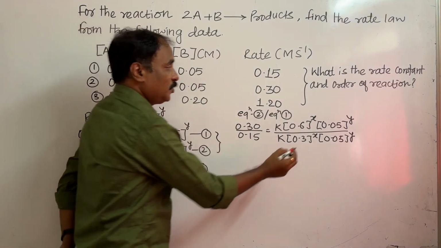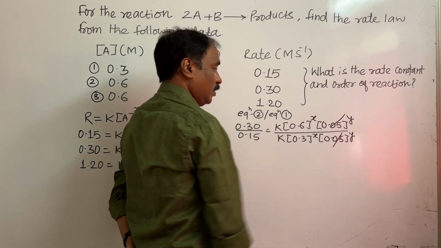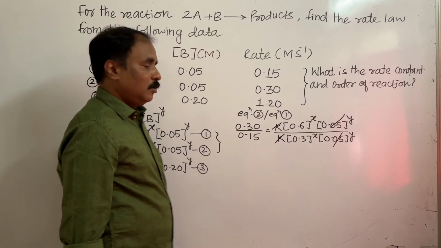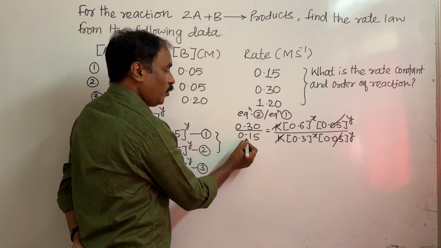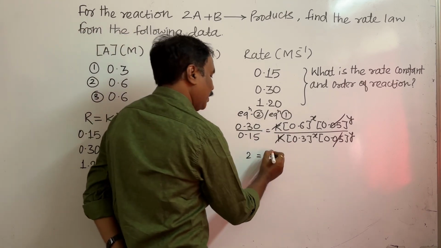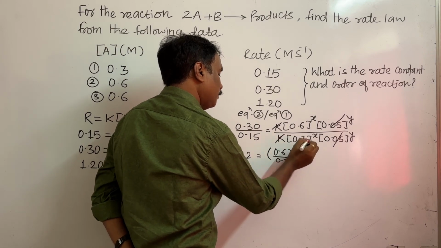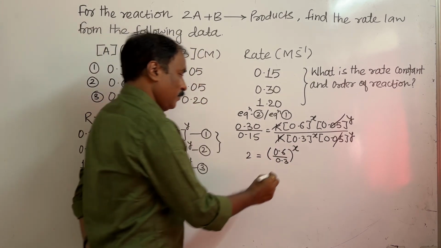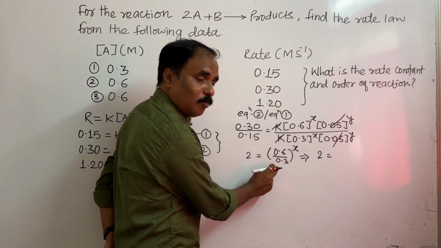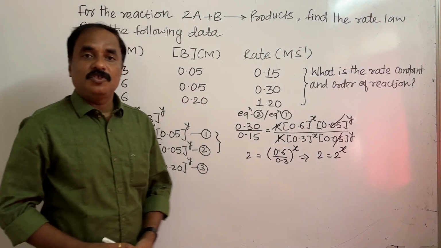So what happens? 0.05 to the power Y cancels with 0.05 to the power Y, and K also cancels. So here 0.30 upon 0.15 is 2, which is equal to 0.6 upon 0.3 to the power X. The same equation: 2 is equal to 0.6 upon 0.3, which is 2 to the power X. So what is the value of X?